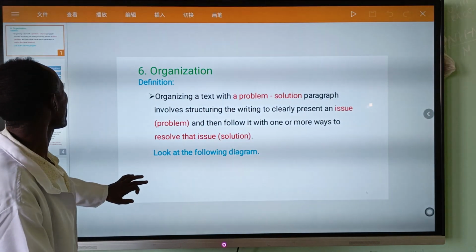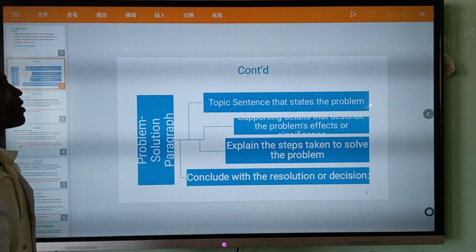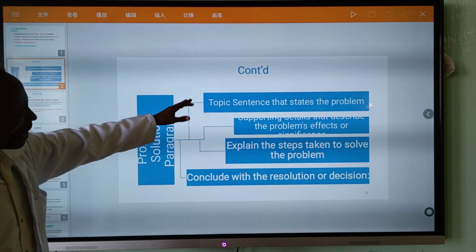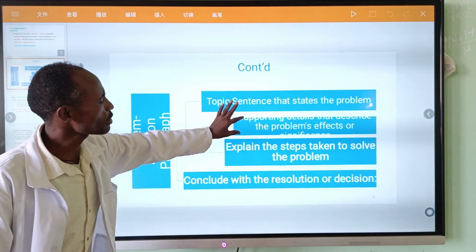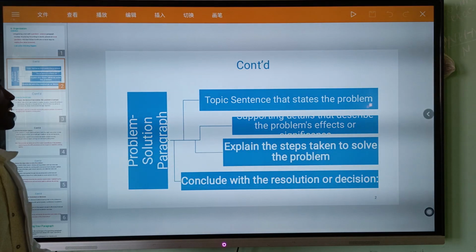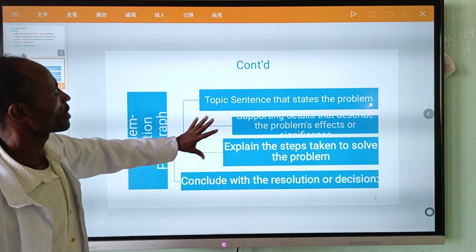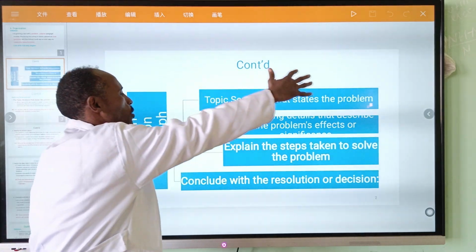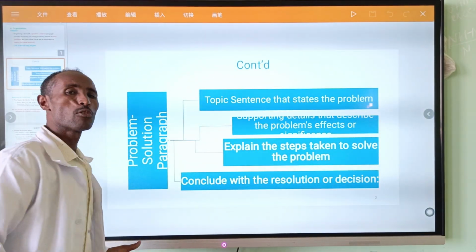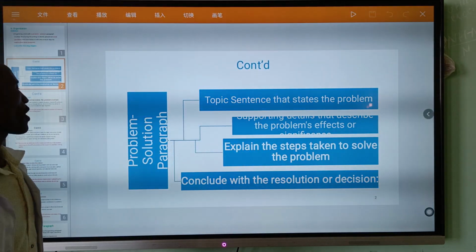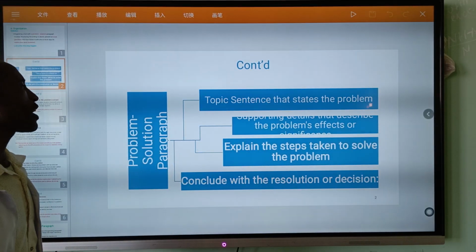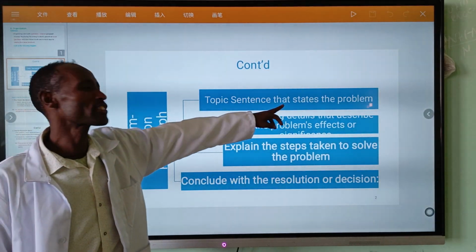Look at the following diagram. The following diagram explains the different parts of a problem solution paragraph. The problem solution paragraph has first a topic sentence.